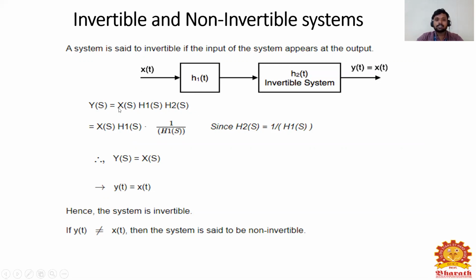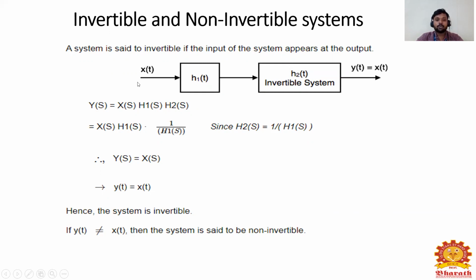So let us check this diagram. I'm giving the input as x of t, and the transfer function is h1 of t, which is connected to h2 of t, forming an invertible system. From h2 of t, the output I'm getting is y of t, which is equal to x of t.